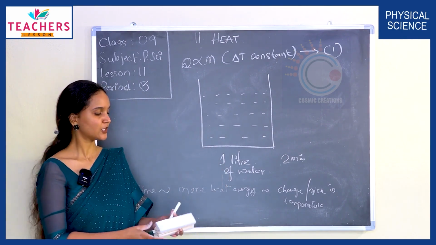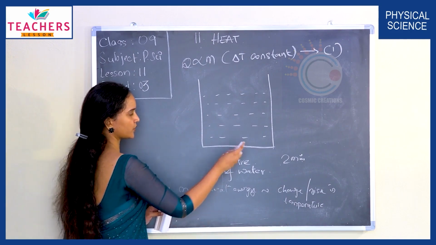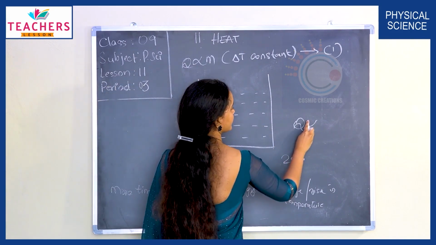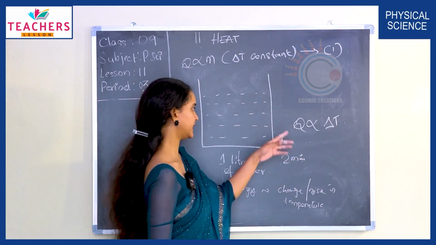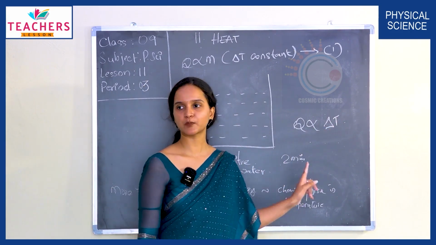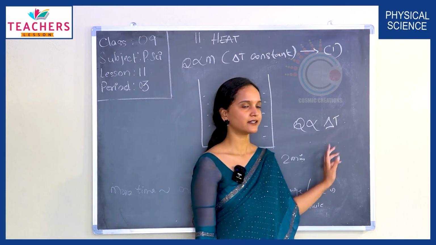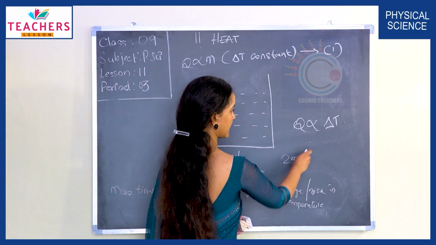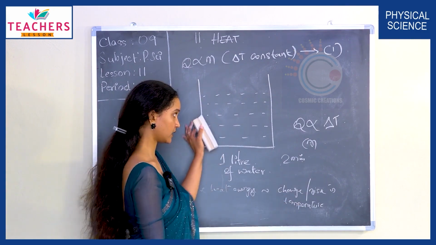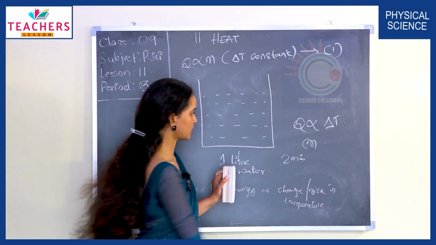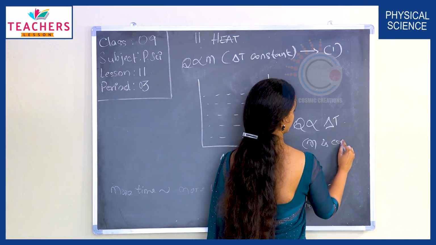So Q is proportional to delta T. The amount of heat energy supplied is directly proportional to the change in temperature. Of course, given mass is constant here. I am not changing this 1 liter quantity of water in the beaker. So, M is constant.